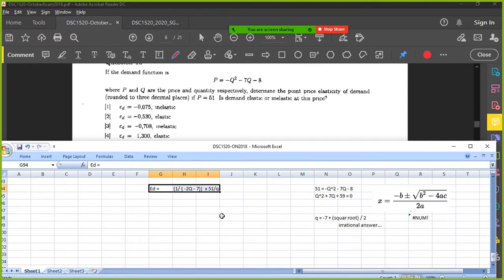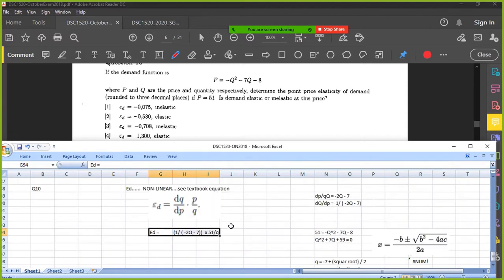No, I haven't worked out the derivative. So if I'm looking at the... No, I think I did work it out. Yeah, I did. It's just further up. Sorry, I'm sure I did that. Alright, there it is. Yes, so if I'm looking at the ED, I've got that times 51 over Q.